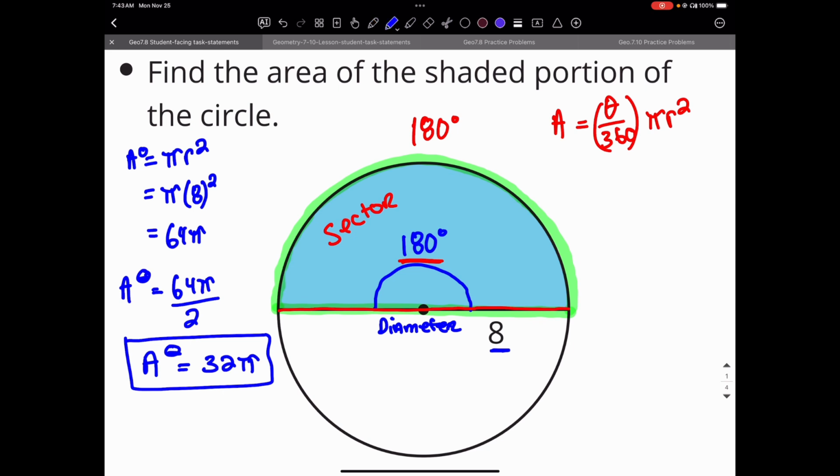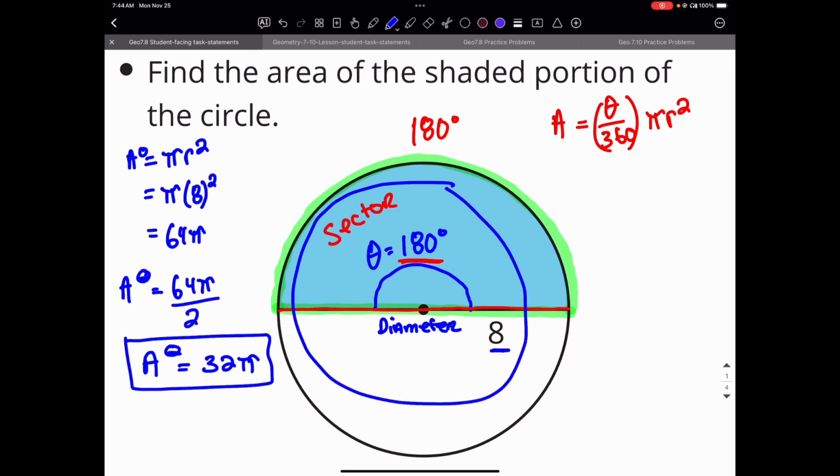So angle theta is equal to 180 degrees. The whole circle is 360. So if the shaded region was 360, this would be simple. It would be area equals 360 over 360 times pi radius squared, right? And then you would have 1 times pi radius squared, so it would just simply be pi radius squared.